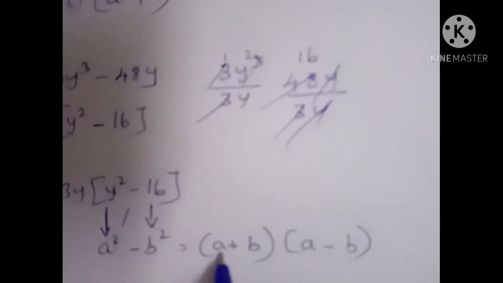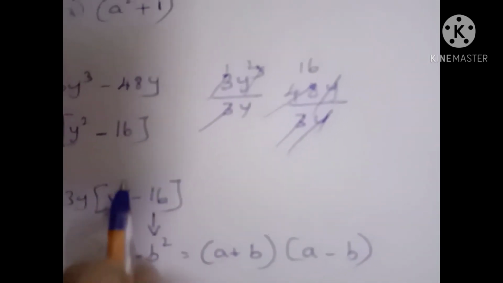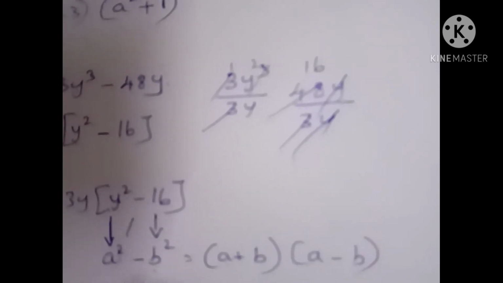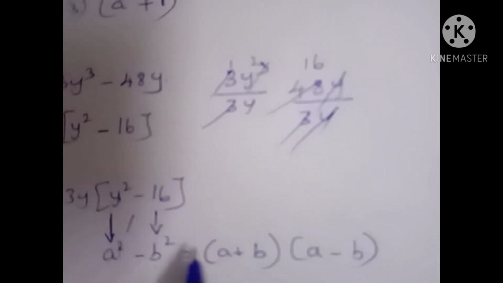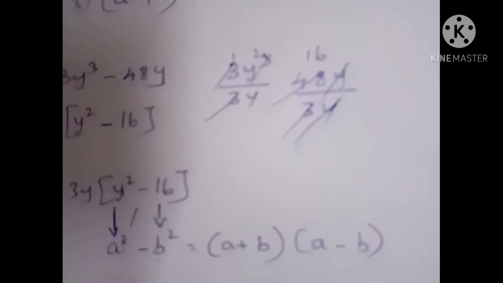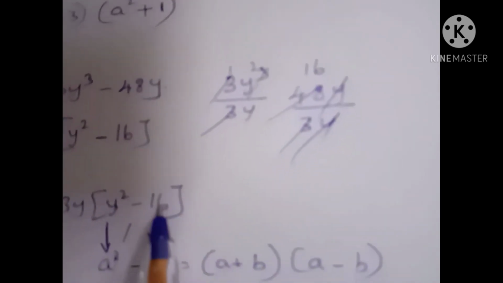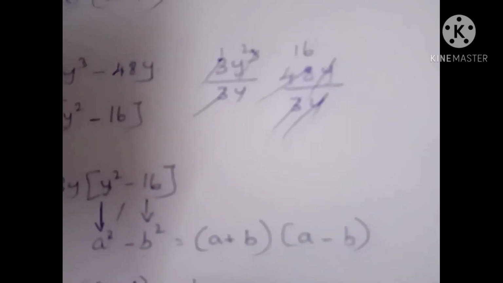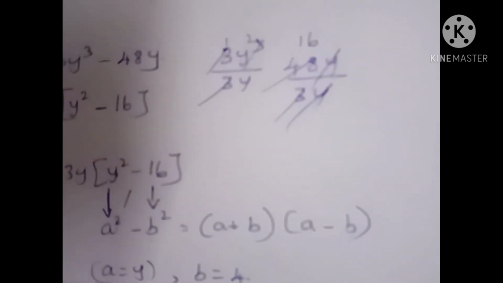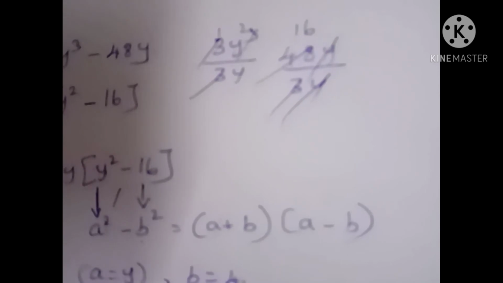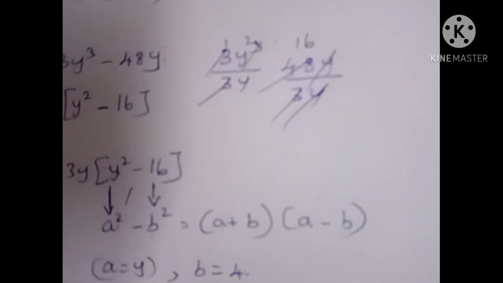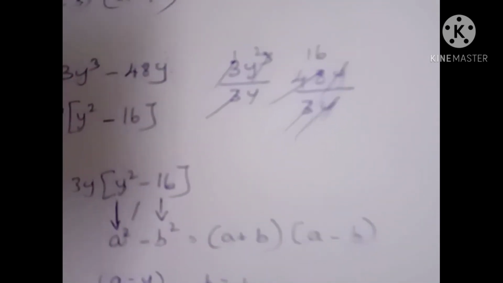If you want to take a, you have to take the square root. So a is equal to y and b is equal to the square root of 16, which is 4. Therefore, 3y into (y plus 4) into (y minus 4).